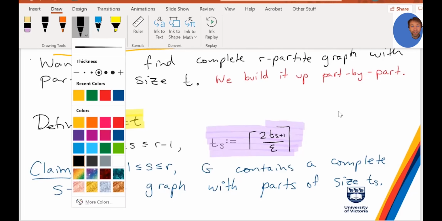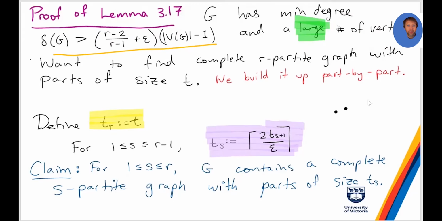It's tempting to just say, I pick T vertices to form the first part. If I pick any old vertices, let's say T is 5, that should be good, right? But then I could run into problems when I try to build the second part. I want to find 5 vertices which are all adjacent to all of these 5 vertices that I took for the first part.